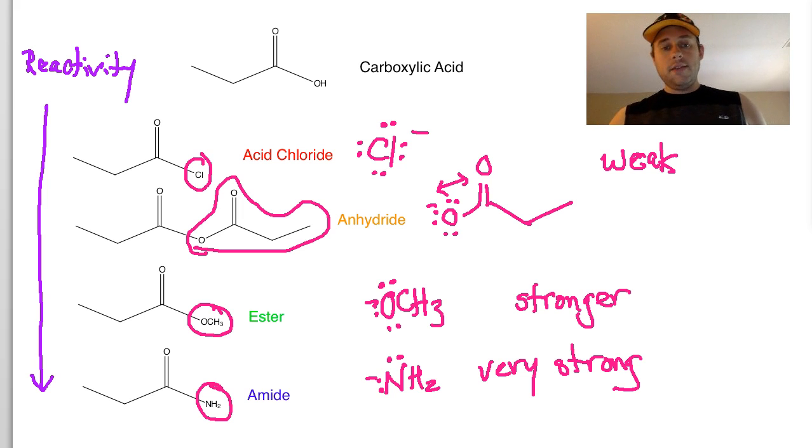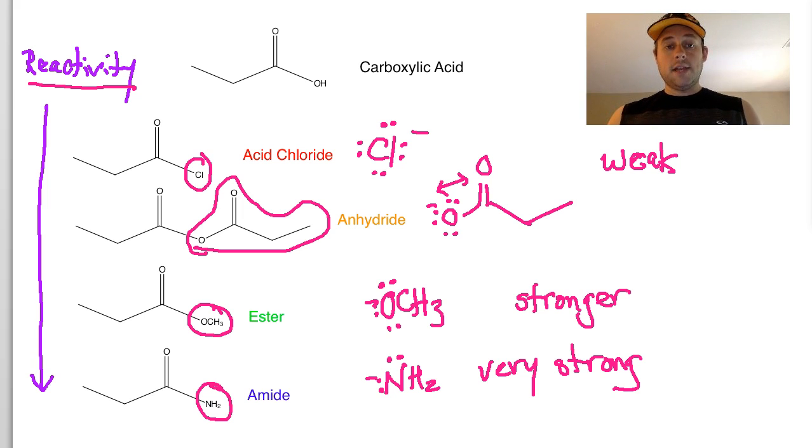So the better the leaving group, the higher the reactivity on the chart. The acid chlorides reign supreme in terms of their reactivity because chlorine is such a good leaving group. Then the anhydrides, we've got the resonance stability of that leaving group, and then we decrease from there as we go down. So that helps us understand why the reactivity series goes the way that it does when we look at these carboxylic acid derivatives.